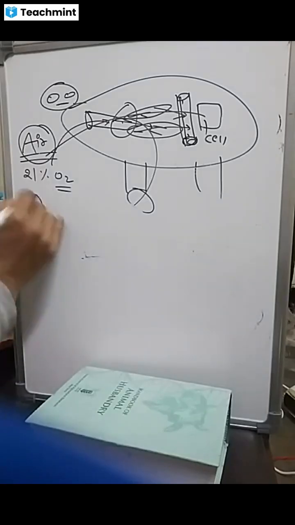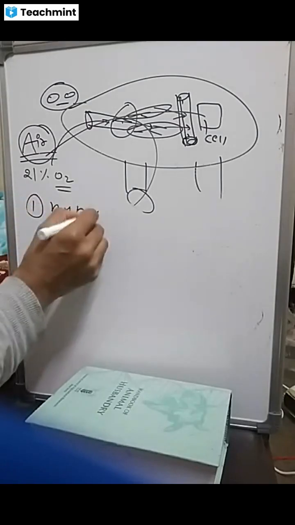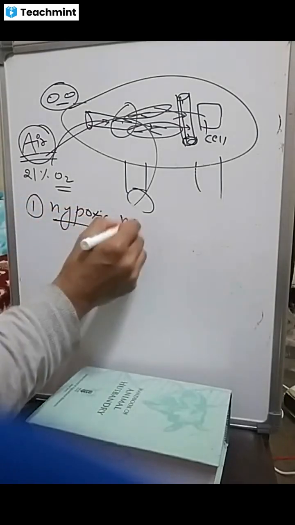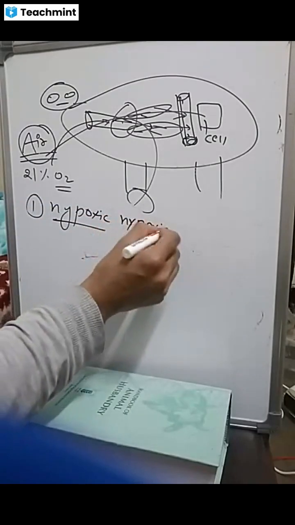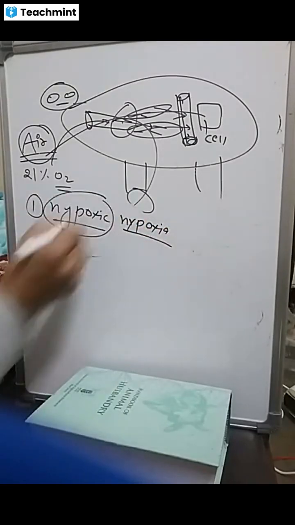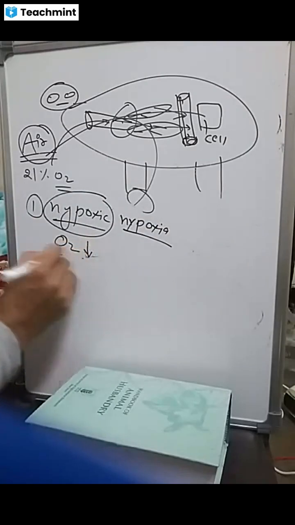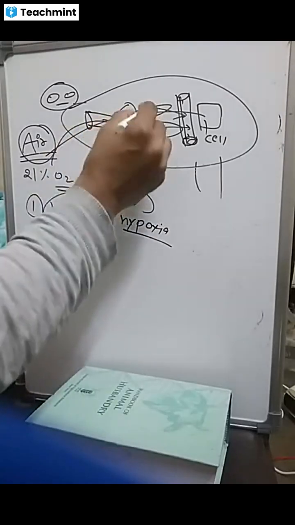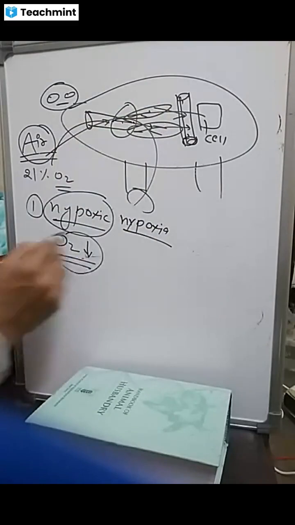Number one is hypoxic hypoxia. It means the oxygen which is reaching the lungs is less.